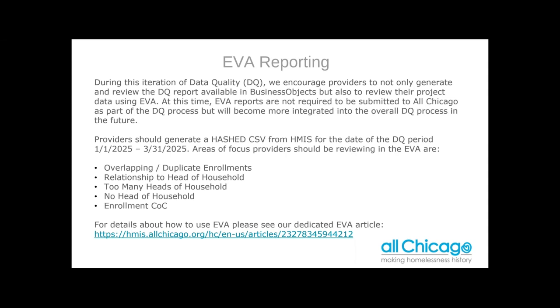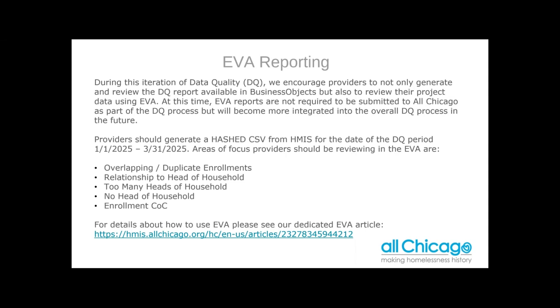One thing that we have noticed, which is really important in terms of federal reporting, is the enrollment COC. So for every client enrolled, they should have an enrollment COC of Illinois 510 selected. Right now, it is set as a required question. So going forward, any new enrollments, that should be fine.